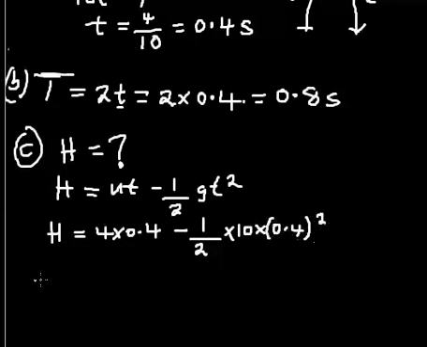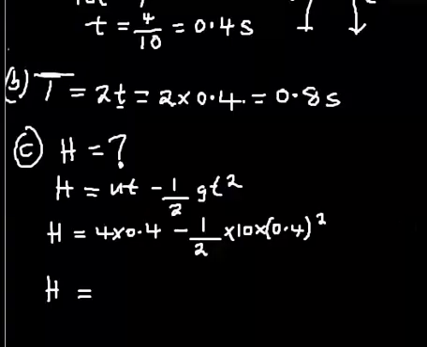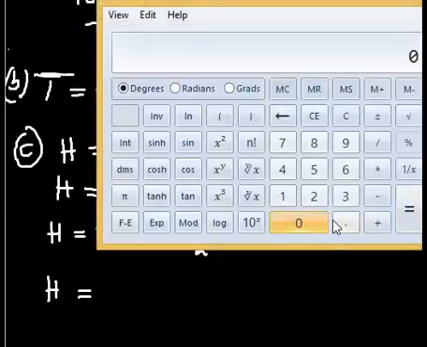Alright, let's go. I guess a calculator will help me here. Let's calculate. 0.4 times 4 is 1.6.